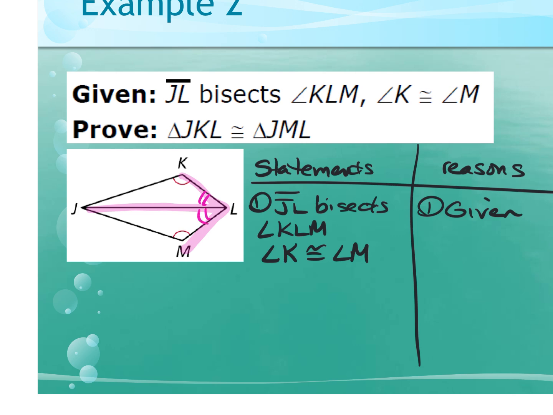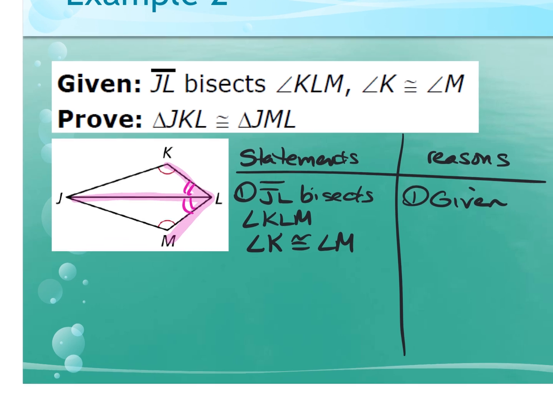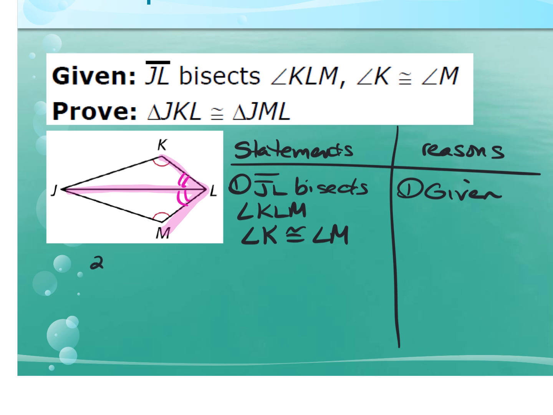Now I can't just say angle L congruent to angle L. I need to name that with 3 letters. So I can state that angle KLJ is congruent to angle MLJ, and this is definition of an angle bisector.